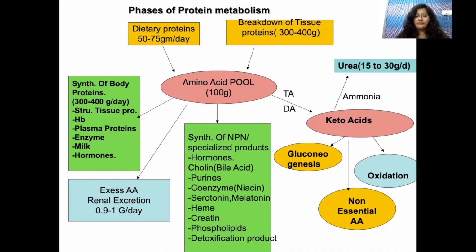From this table we can learn that protein metabolism not only deals with the synthesis of structural body protein, but also with the synthesis of non-protein nitrogenous substances. Hence, protein metabolism is also considered nitrogen metabolism.